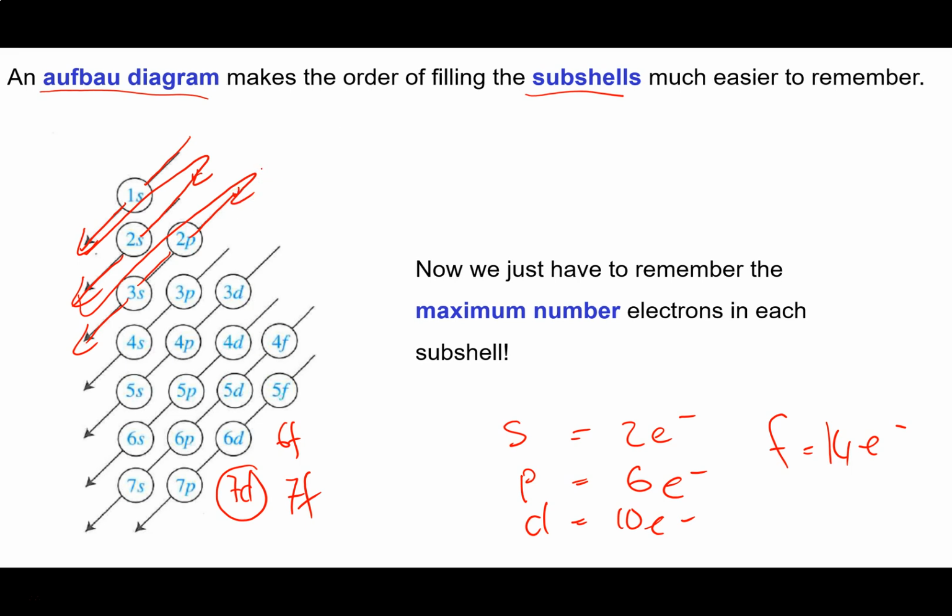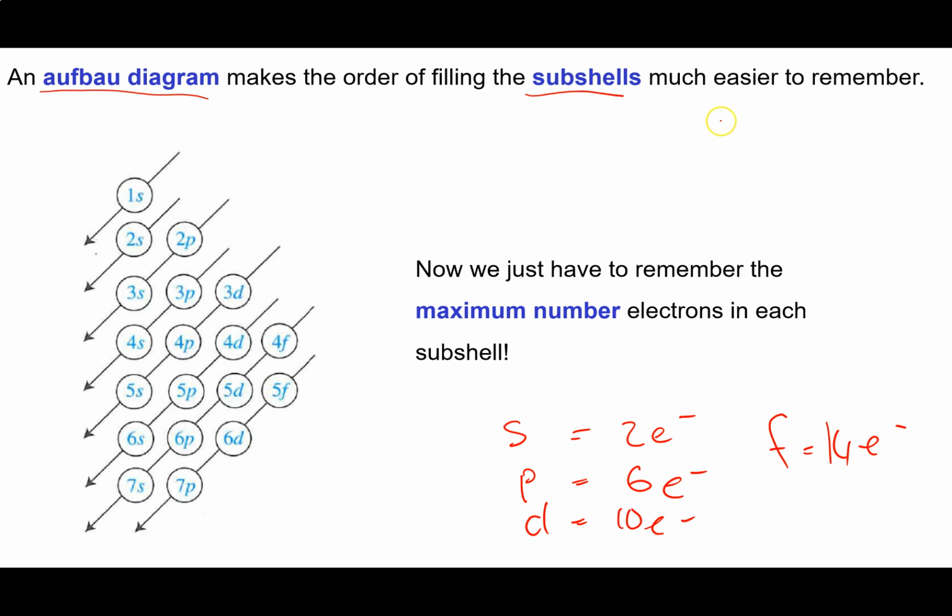And this gives us the correct order, including all of those weird exceptions that we saw in the previous diagram. So as long as you've got this handy and you know the maximum number of electrons that can go into a particular subshell, you can write the electron configuration for any atom.